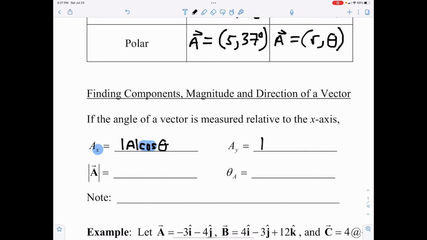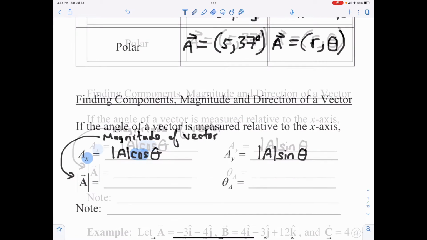The y component is the magnitude of the vector times the sine of the angle. And we're representing the magnitude of the vector like this. This is the magnitude of the vector. The magnitude is represented with the vector placed in absolute value bars.